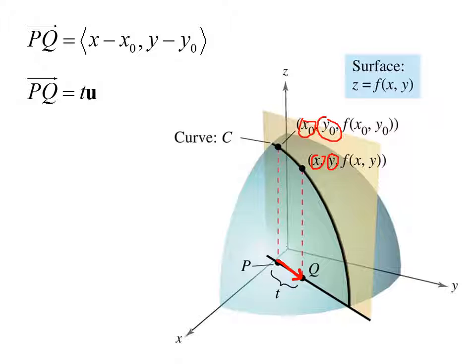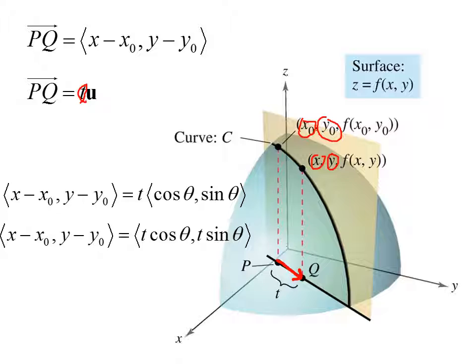So the vector PQ is some multiple of the vector u, and the vector u was cosine theta, sine theta. So the vector x minus x naught, comma, y minus y naught is some multiple of the vector cosine theta, sine theta.